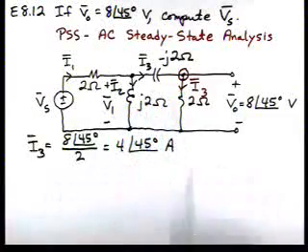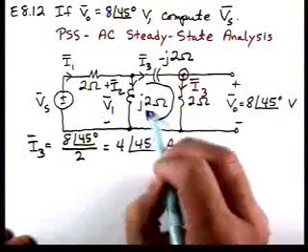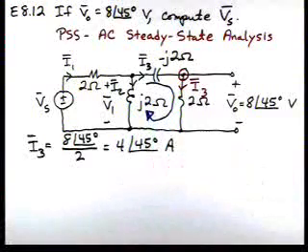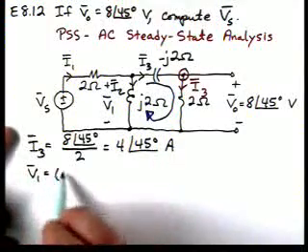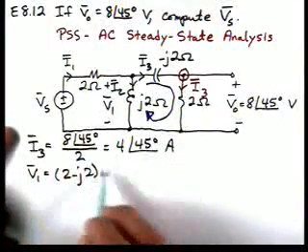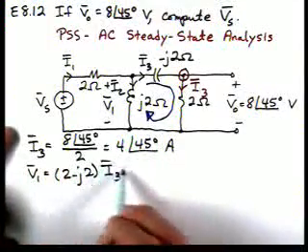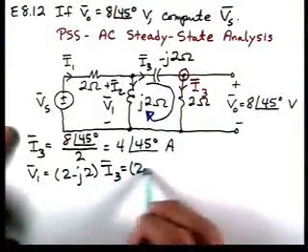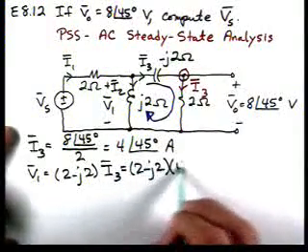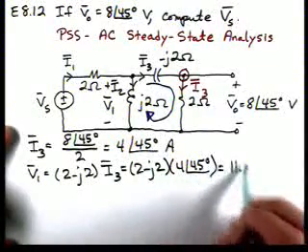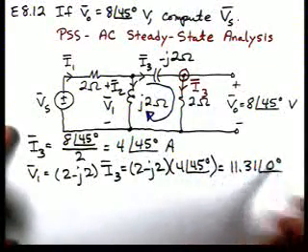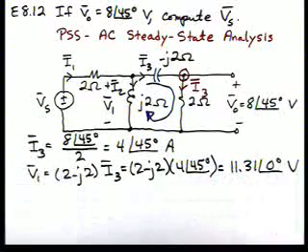V1 is 2 minus J2 times I3, so that's 2 minus J2 times 4 at an angle of 45, which is 11.31 at an angle of 0.